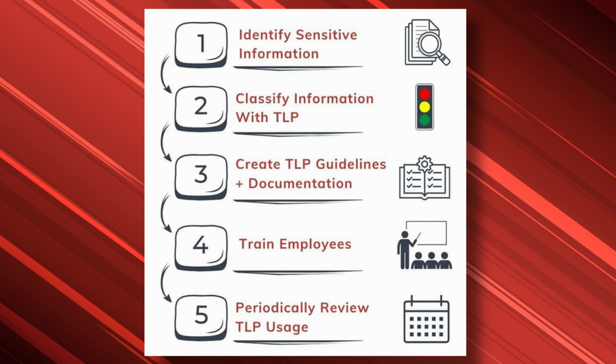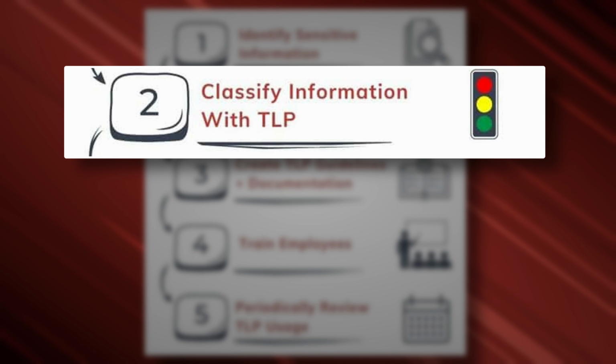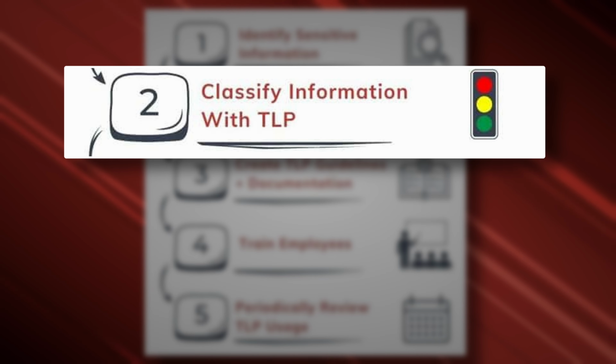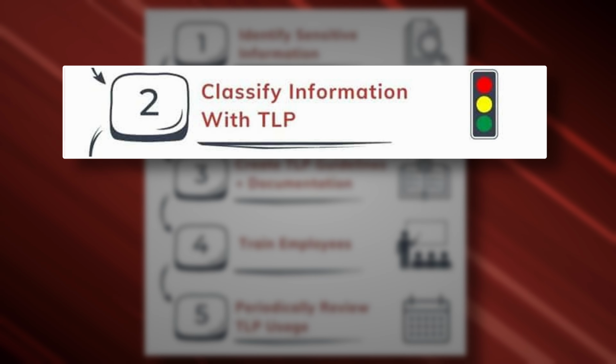The next step is to use TLP to classify this information. Classify this information using the TLP categories so employees know how to handle it and when it can be shared. It can even help to add automation to speed up this process and ensure that all new documents include a TLP classification.